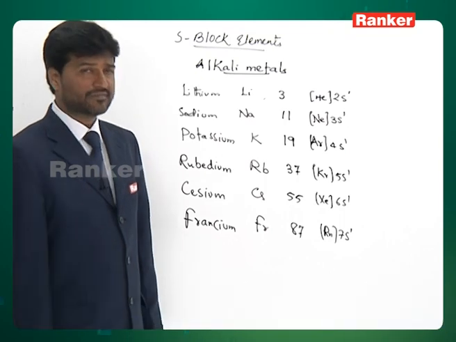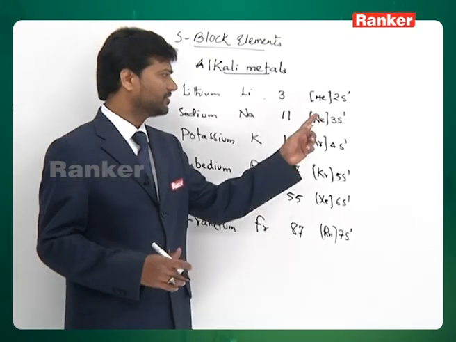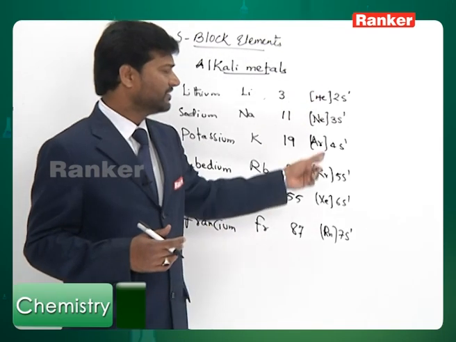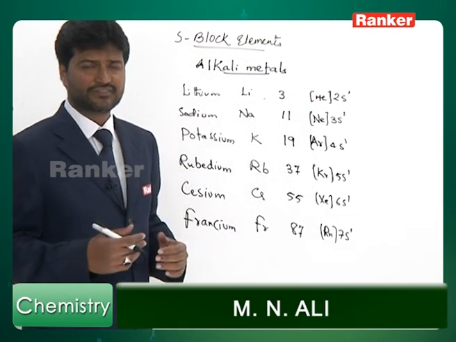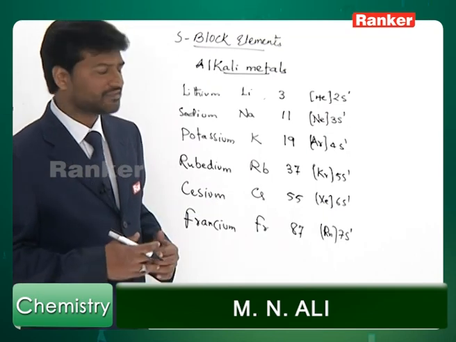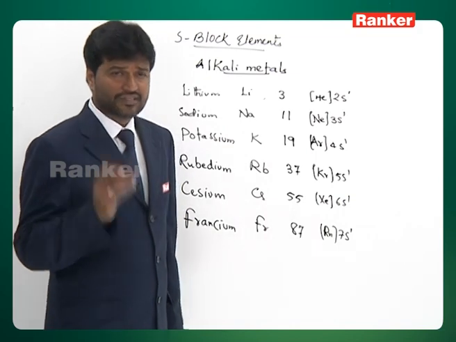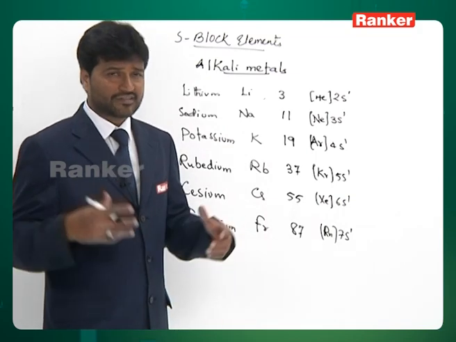So, when they enter into a chemical reaction, they tend to lose 1 electron, because when they lose 1 electron, they attain a configuration similar to the nearest inert gas, and their oxidation state in all their compounds is +1. They participate in chemical reactions by losing electrons, which is a characteristic of metals.